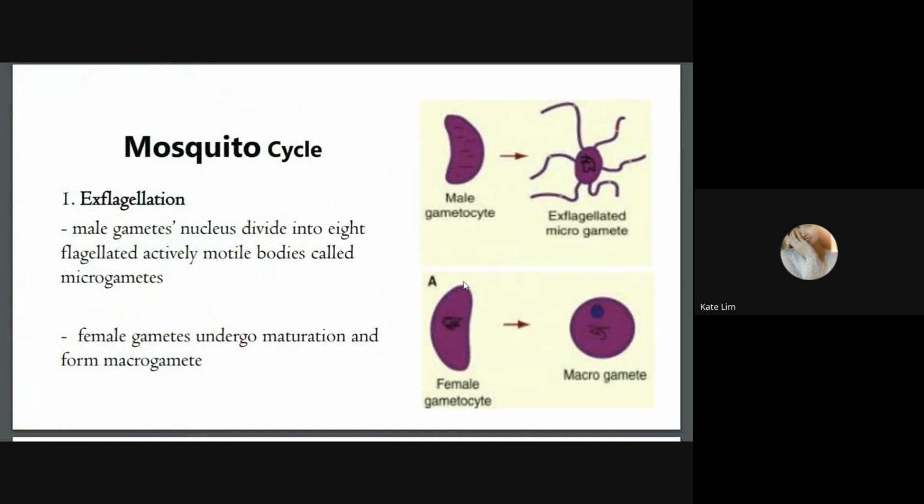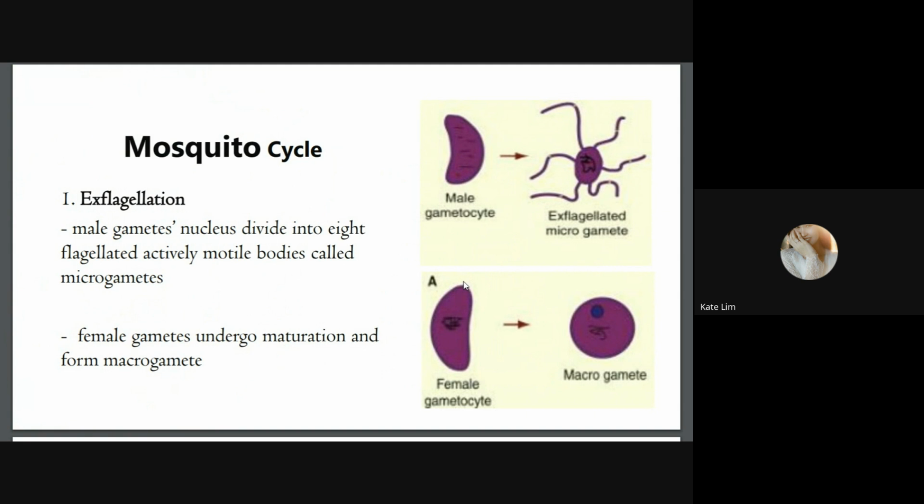Okay, and here we will be talking about some of the processes that your Plasmodium undergoes in the mosquito life cycle. Most of these processes were already discussed in our discussion about the life cycle. First, we have exflagellation.